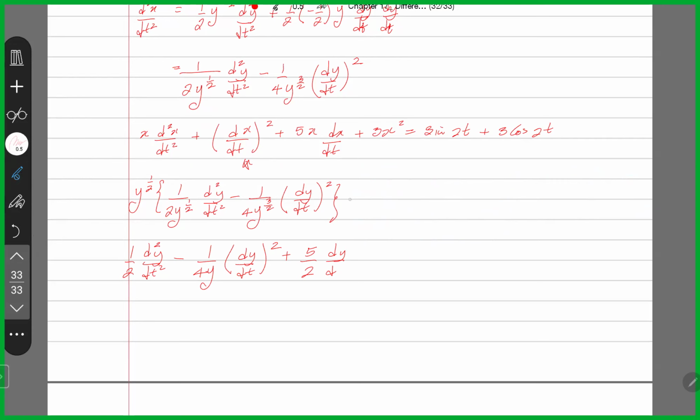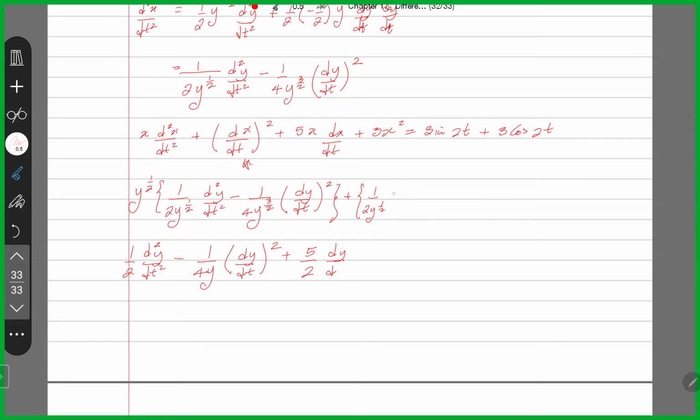All right, so this is plus dx by dt squared. So dx by dt is 1 over 2y to the half.